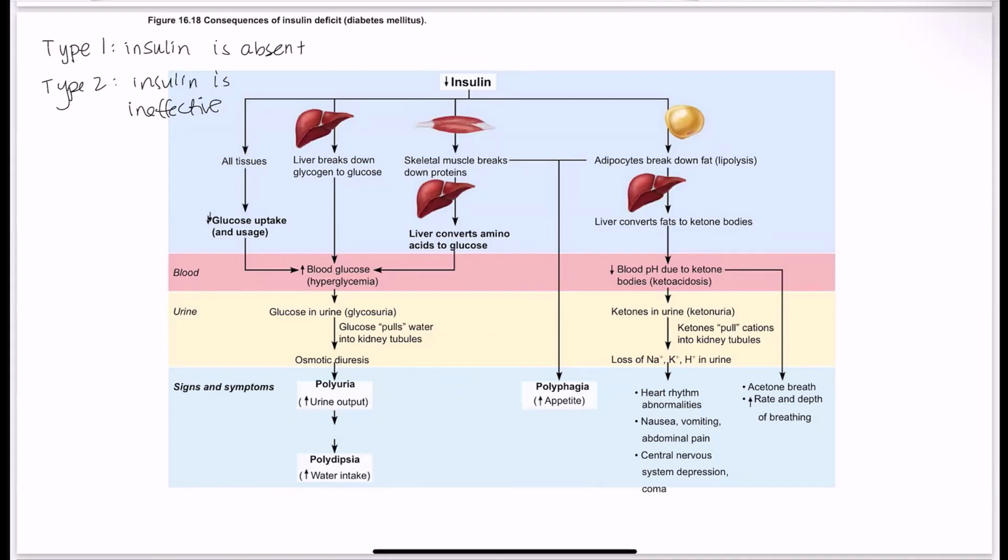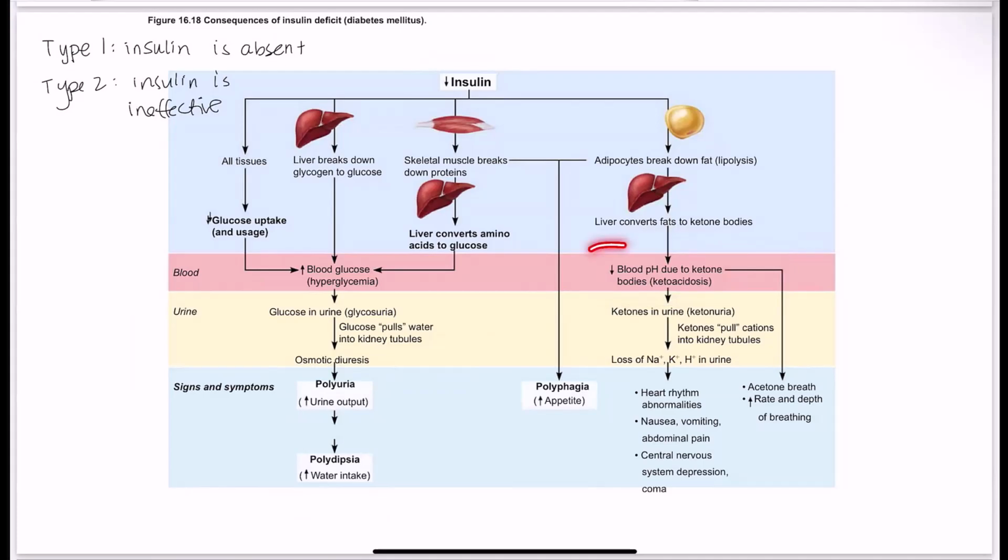When those fatty acid metabolites rise, they're called ketone bodies. Ketone bodies are acidic, which leads to the body getting too acidic, and that's called diabetic ketoacidosis. That's a big word. I'm gonna write it down. So these are the ketone bodies I was talking about. So blood pH goes way down. That's called ketoacidosis.